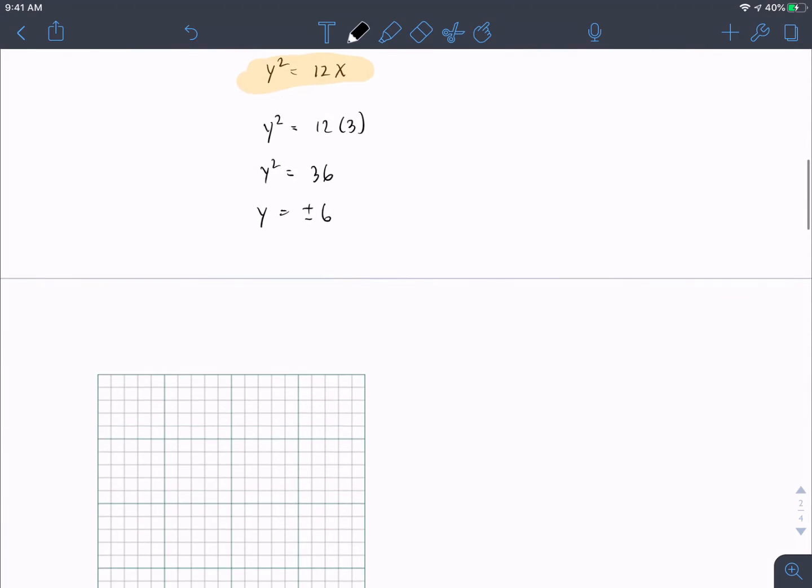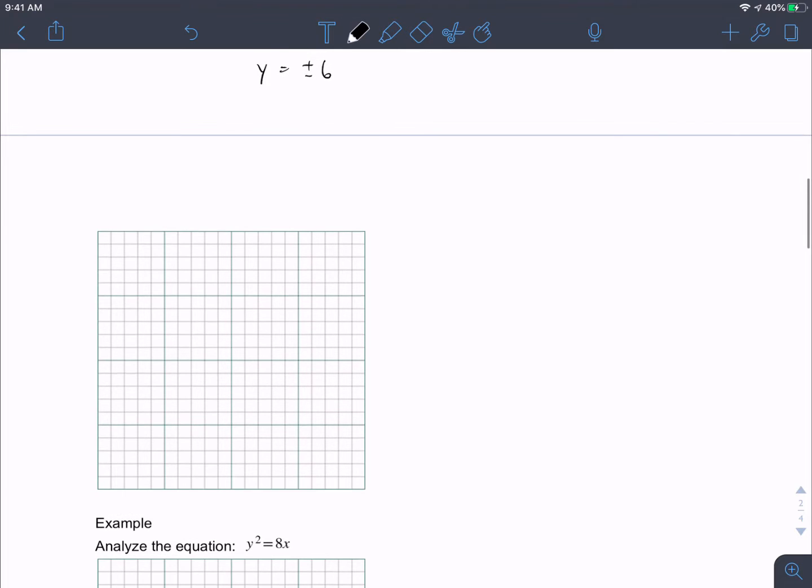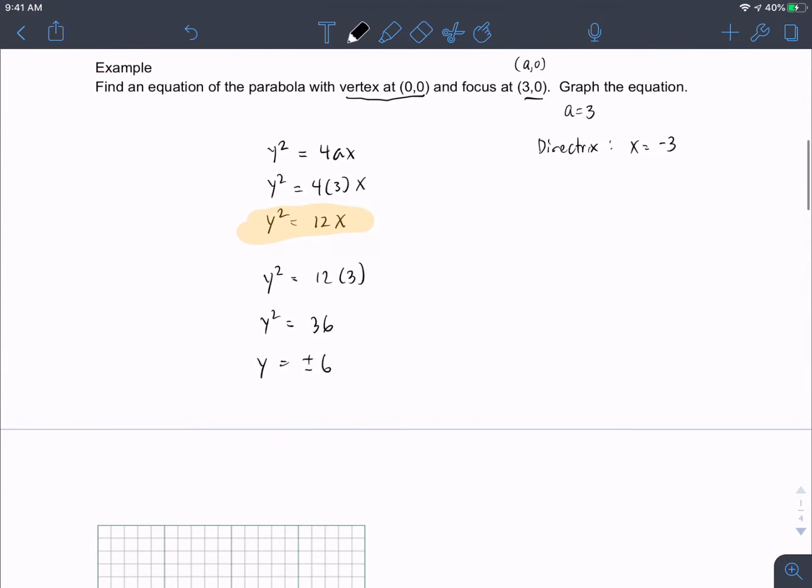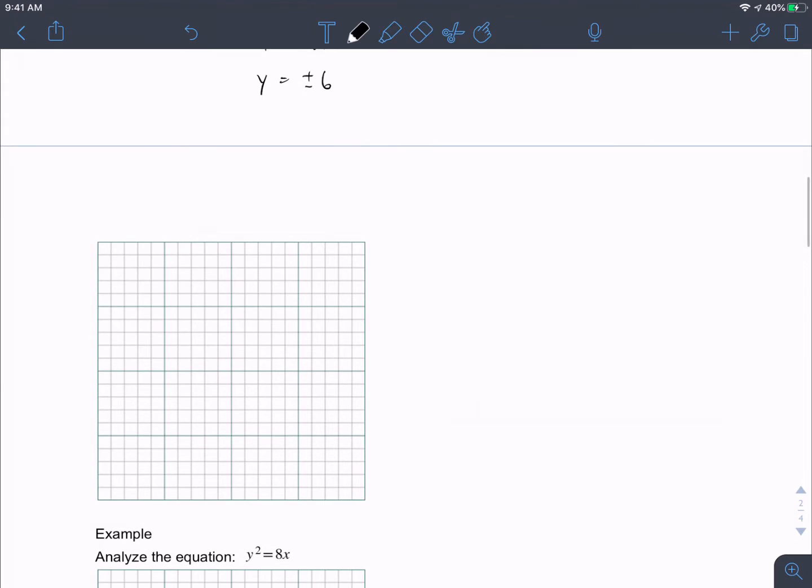So when we go to use all that information, we'll graph it right here. We know that the focus was at 3, 0. Here's the x-axis. Here's the y-axis.